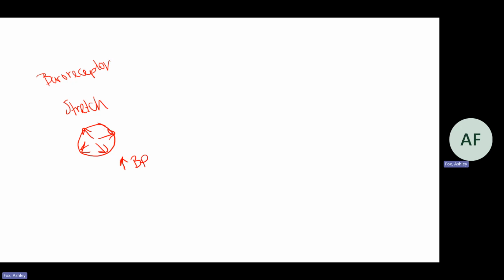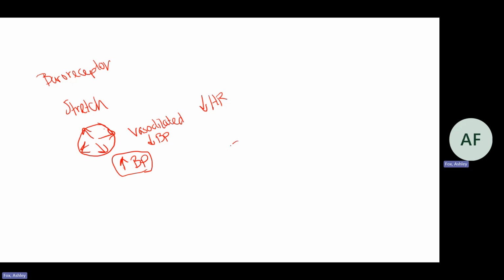So if we have an increased blood pressure, a lot of times we'll vasodilate because that will decrease resistance to flow and that will decrease blood pressure again. But it will also help with changing the heart rate, so you'll decrease heart rate. Any way that you can try to help get blood pressure lowered back down.